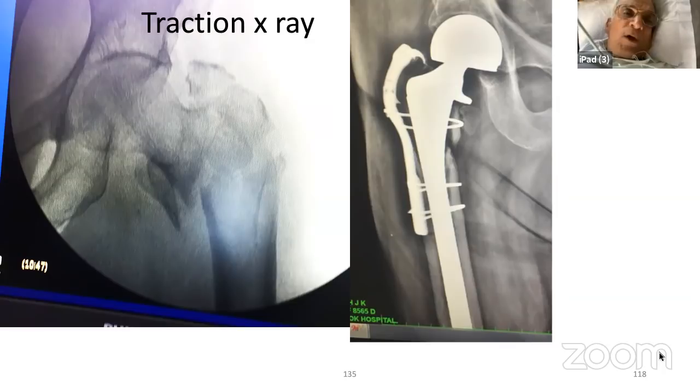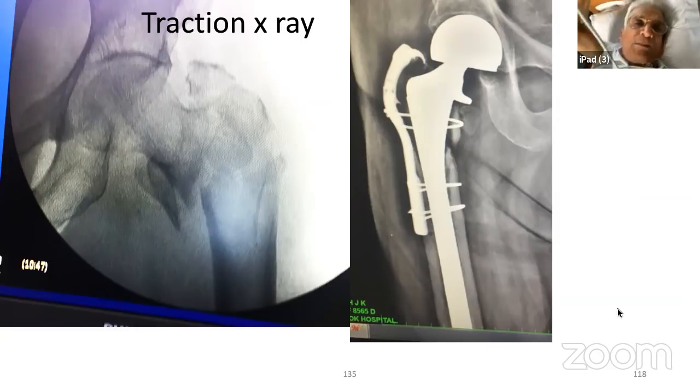And I have always felt that if you do only a trochanteric wire with this replacement, the trochanteric wire flies out and they always get a lurch and an abductor weakness and everything. So I changed over to this hook plate, which keeps the whole trochanter completely hooked to it. And if at all needed, I add to it with the cerclage wire also. So this is what was done.